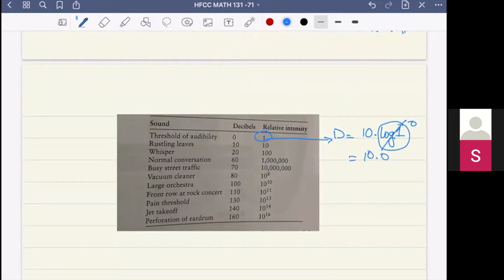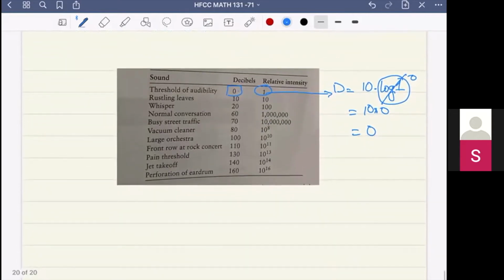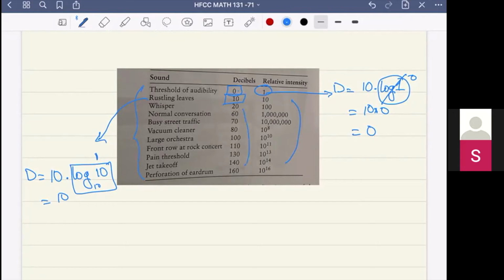So 10 times 0 would be 0. And that's why we got 0 right here. Let me try for the rustling leaves. Decibel equals 10 times log of, what's my relative intensity? 10. Log 10 of base 10 is 1. So 10 times 1 is 10. And that's why I got 10 right here. And so on. Now, these are all the sounds that we can measure by decibels. If we keep going and you plug all this in the formula, you will get this much in decibels.